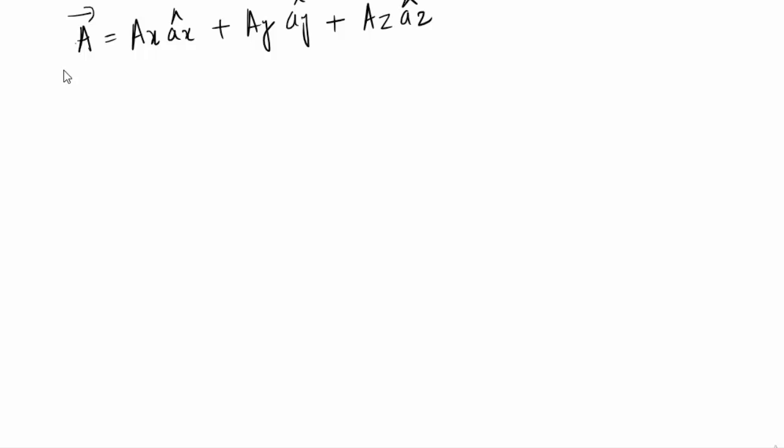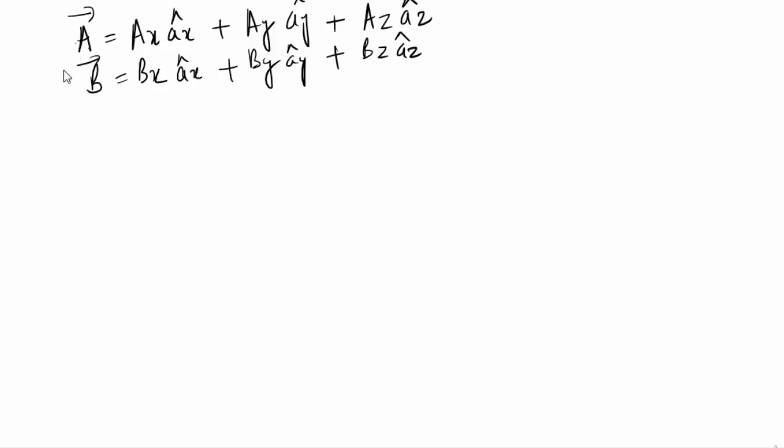To understand this simply by taking an example, suppose you have a vector A which you represent as Ax ax plus Ay ay plus Az az, and another vector B which you represent as Bx ax plus By ay plus Bz az.